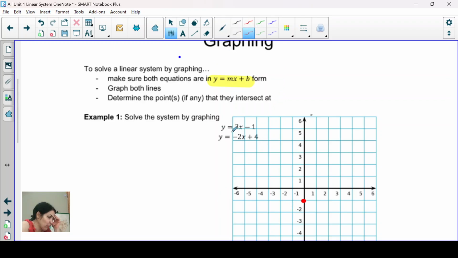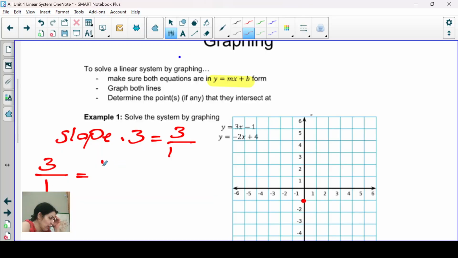And then the slope is 3, and you know that 3 equals 3 over 1. So 3 over 1 equals rise over run. So rise 3 and run 1.